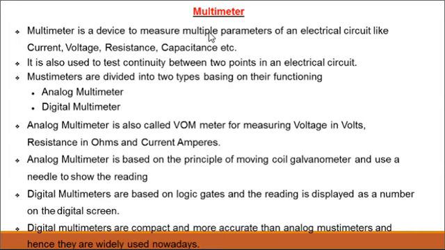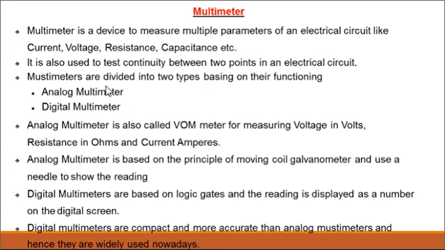And it is also used to test continuity between 2 points in an electrical circuit, whether the current is passing between 2 points or not. That can be easily measured by using a multimeter.